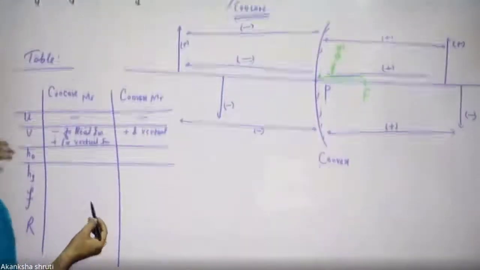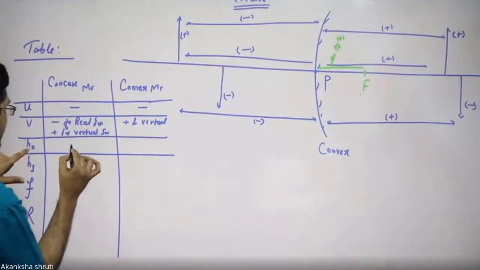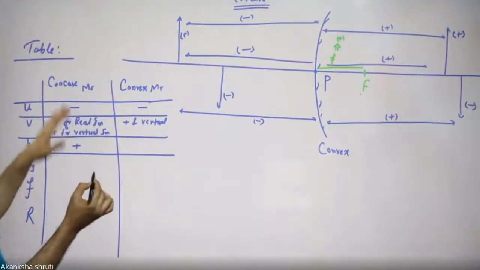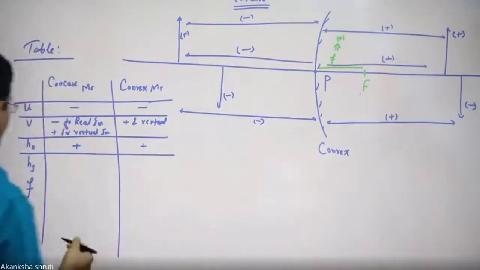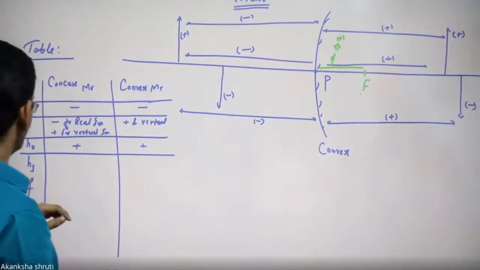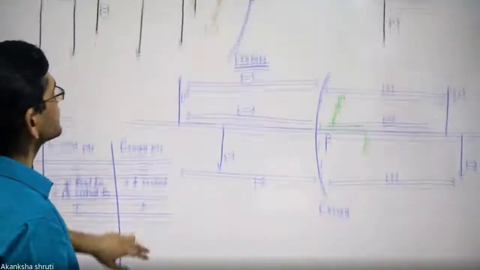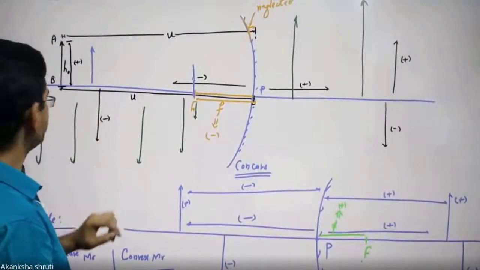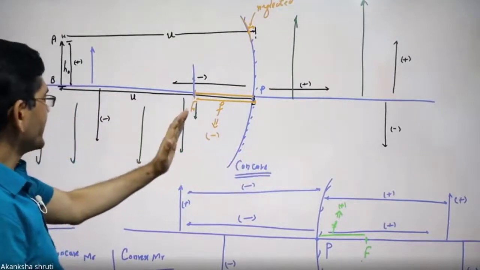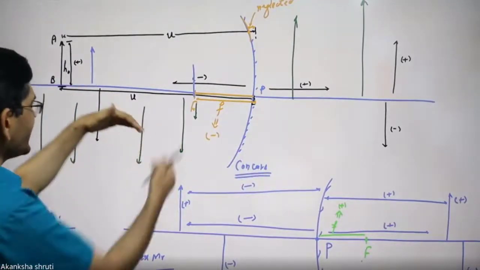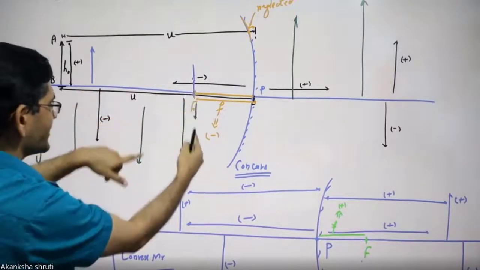Students, the height of the object is taken positive for concave as well as convex mirrors. Coming to the height of the image, observe carefully. In the concave mirror, the image can be real.